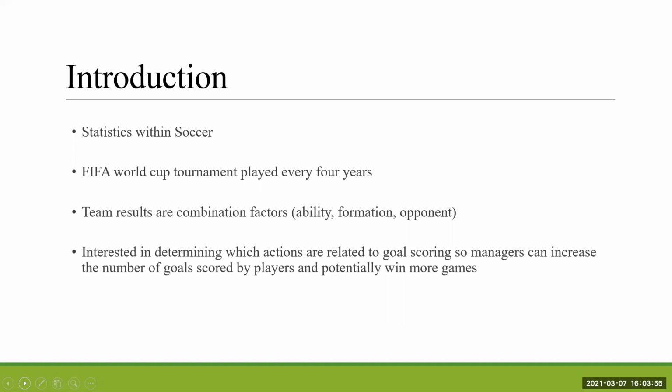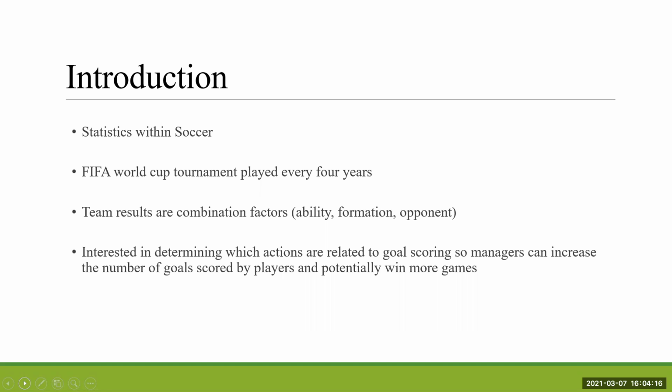The use of modern technology today has made it possible to collect large amounts of data, and this data is used by managers and team owners to create match strategies and formations against other teams.